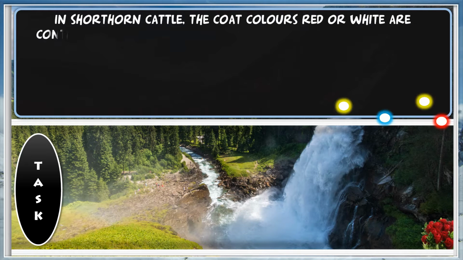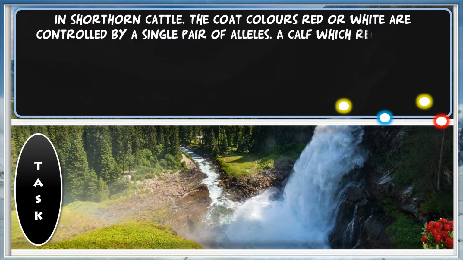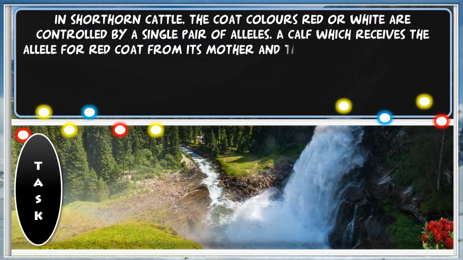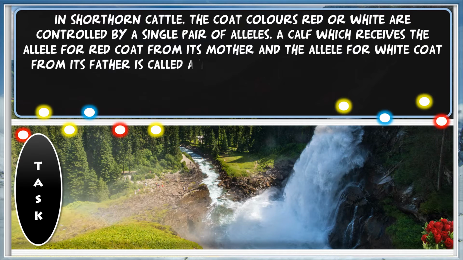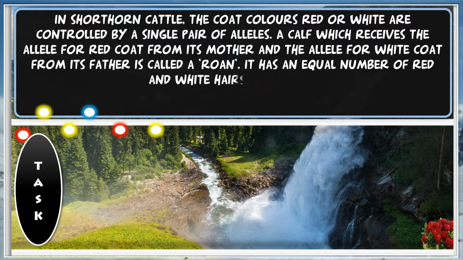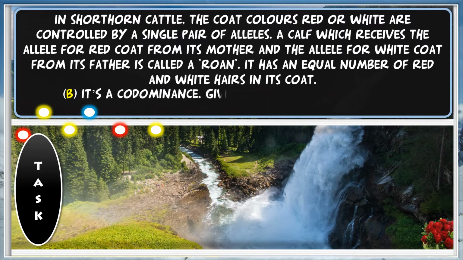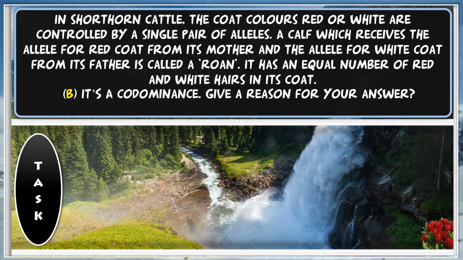In short-horn cattle, the coat colors red or white are controlled by a single pair of alleles. A calf which receives allele for red coat from its mother and allele for white coat from its father is called a roan. It has an equal number of red and white hairs in its coat.